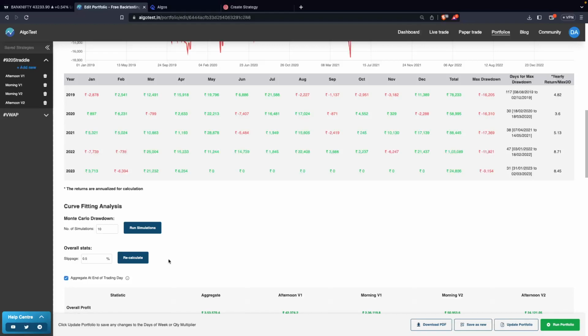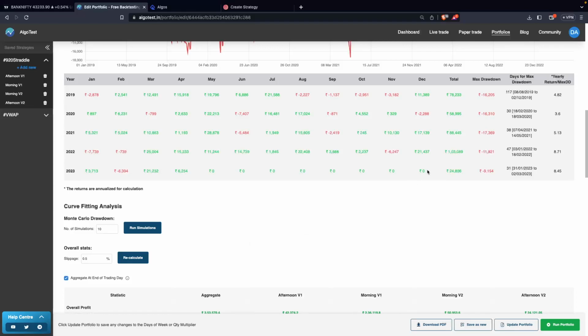Even for this particular backtest, 0.5% slippage means that you are getting a loss of 0.5% in every trade. For example, you are willing to buy a position at 100 rupees, and you are not able to buy that at 100 rupees. You are getting a slippage of 0.5%. 0.5% of 100 rupees will be 0.5 rupee. So there will be a loss of 0.5 rupee automatically based on the backtest, so that the data that we get is more realistic and more reliable.